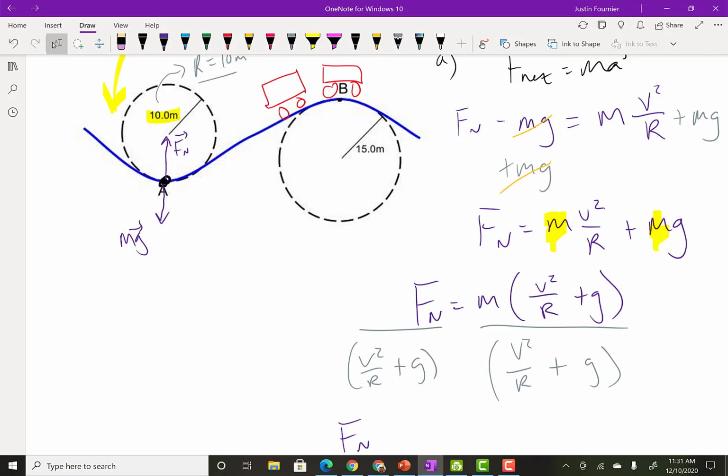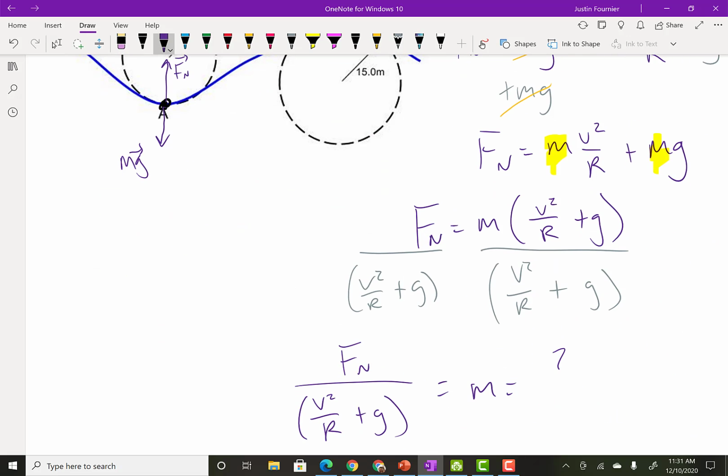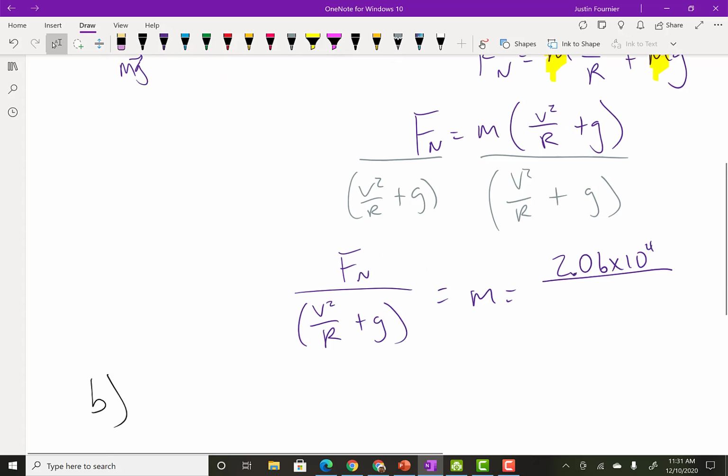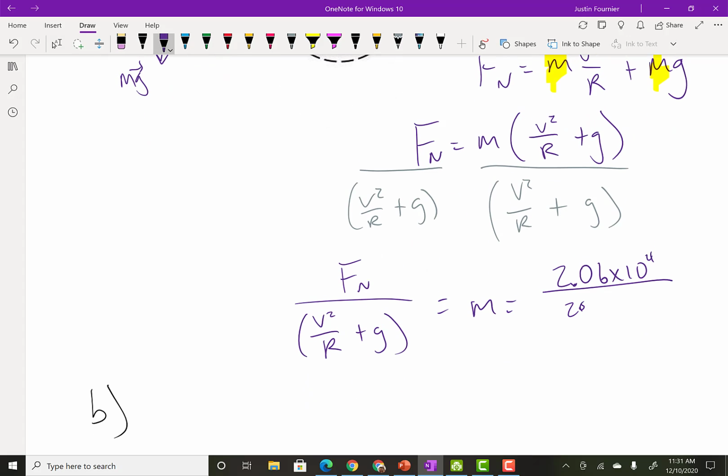Plugging everything in now, the normal force is 2.06 times 10 to the 4 divided by the speed, 20 meters per second, so that's 20 squared, divided by r, which is 10 that I found, plus 10 is g.